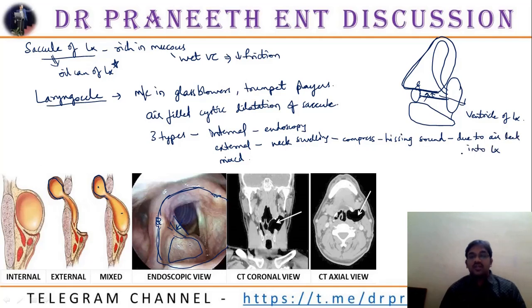This is called Bryce sign. So Bryce sign is seen in laryngocele. Now, the other sign, Boyce sign, is seen in Zenker's diverticulum. Instead of a hissing sound, you will hear a gurgling sound due to the regurgitation of contents back into the esophagus. That is your Boyce sign seen in Zenker's diverticulum.